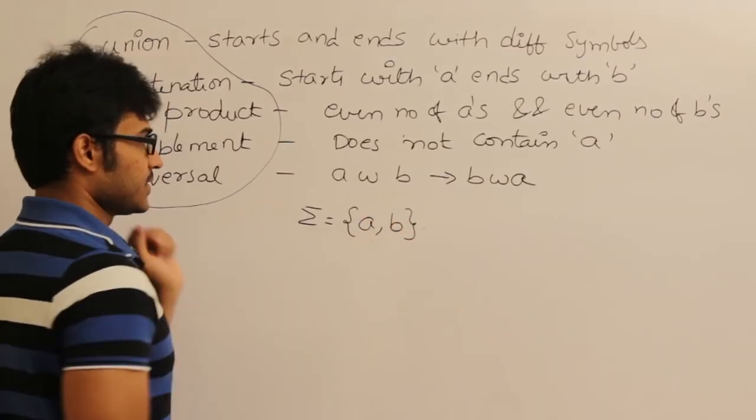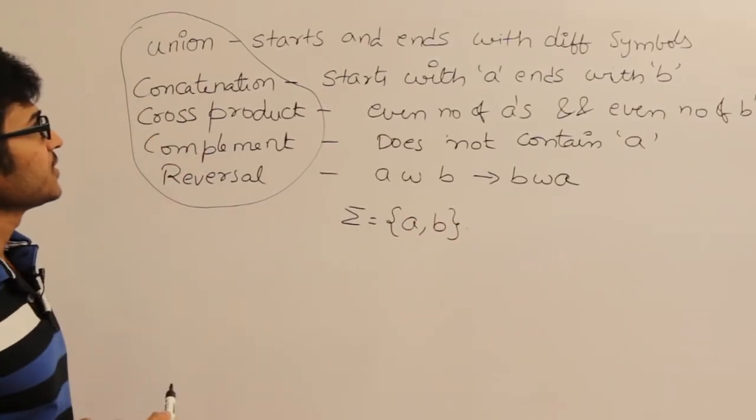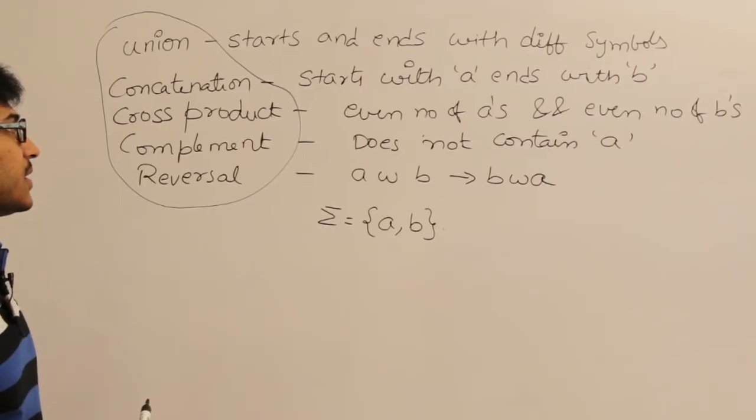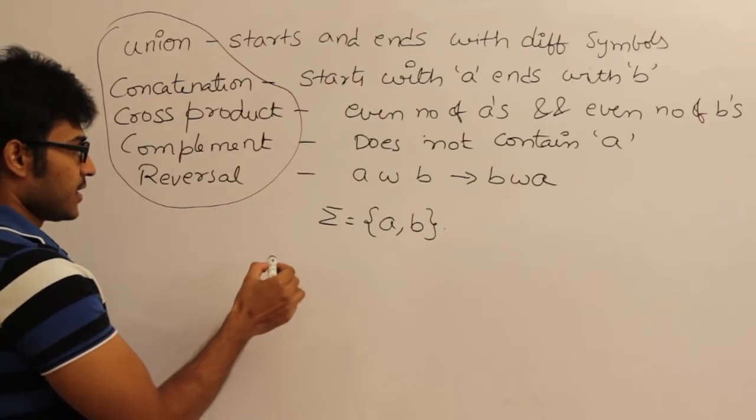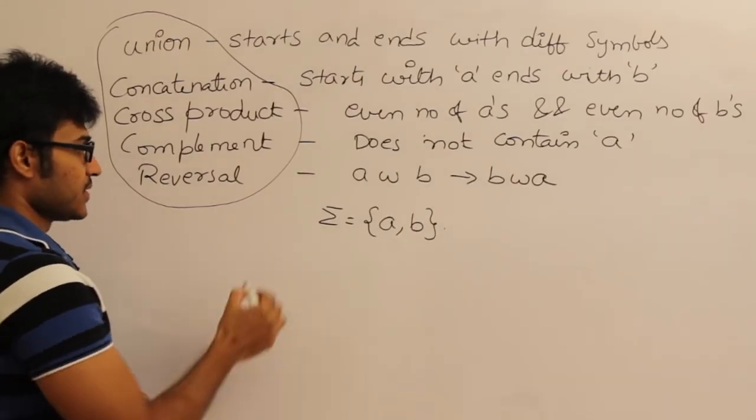In this I have to accept the set of all strings which start and end with different symbols. If you consider it, the language contains two parts.